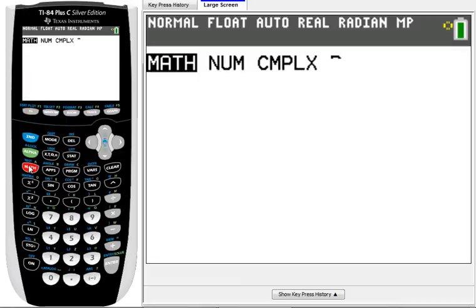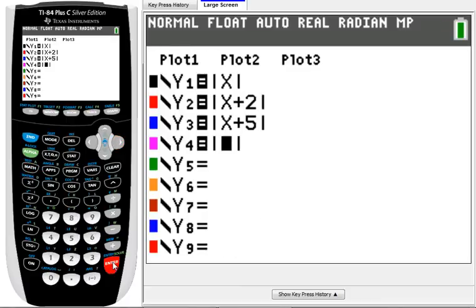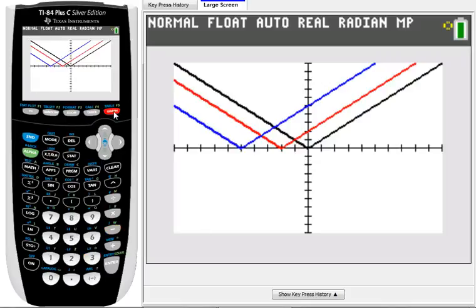So math, arrow right 1, absolute value, x minus 3. Press graph. So again, pause the video, compare black with purple, pink, whatever you want to call that color.